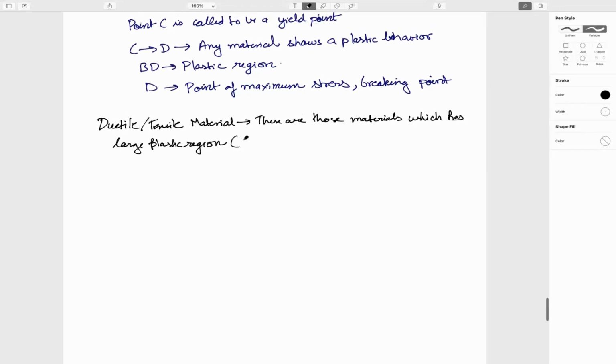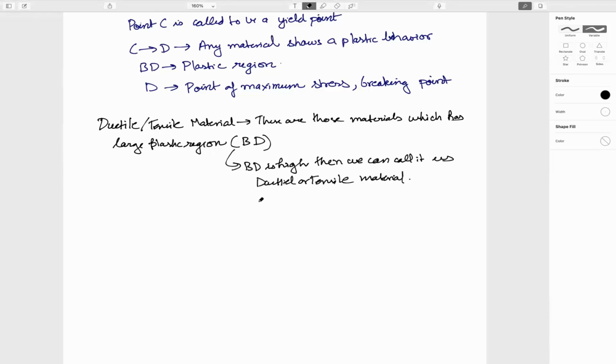A large plastic region means it has a higher BD. So for any material, if BD is high, then we can call it a ductile or tensile material. That is all about ductile and tensile materials.